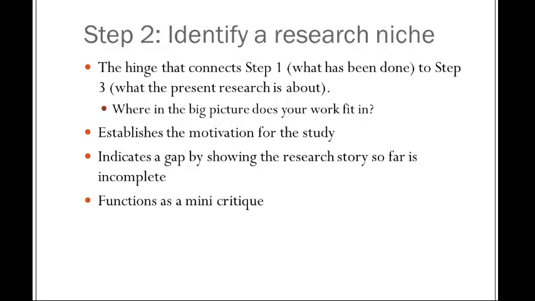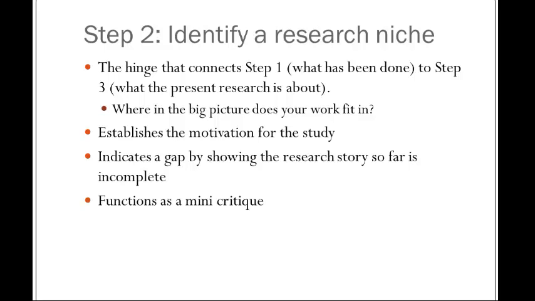Second step, identifying a research niche. This is what we would say is a hinge that connects step 1 to step 3. So step 1 being what has been done, what's the topic, what sorts of work has already been completed and published, to step 3, what the present research is about, what specifically your paper is about. So step 2 is you're going to establish the motivation for the study by indicating a gap in the research story so far that is still incomplete.